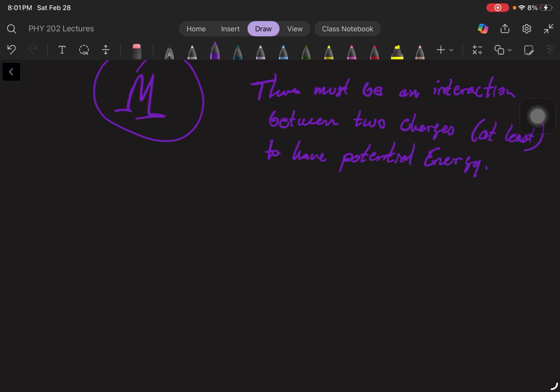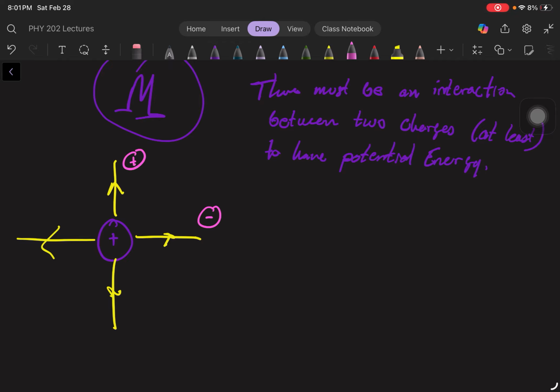The idea is that you must have one charge to make an electric field, so that now if you have your other charge there, which could be negative or positive, it can interact with that field and have some associated potential energy.